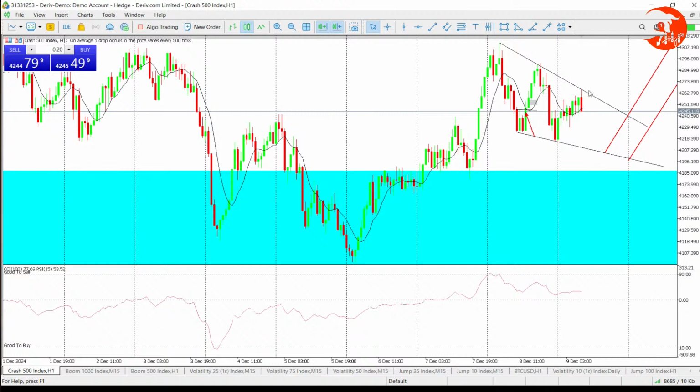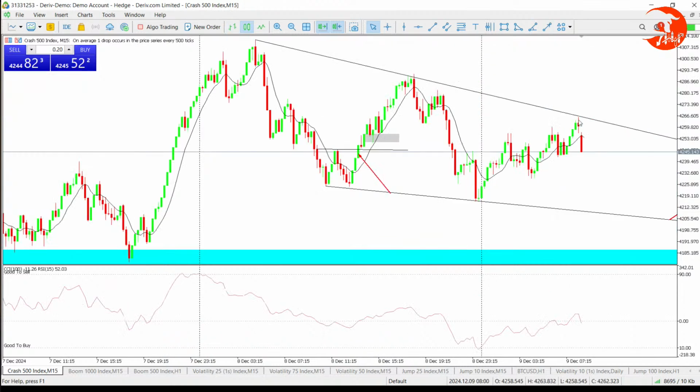For the sale, I can anticipate it there, but it was a risky one because the reason I was trying to tell you to wait is this high hasn't been taken out. We don't see any attempt to take the previous high here.